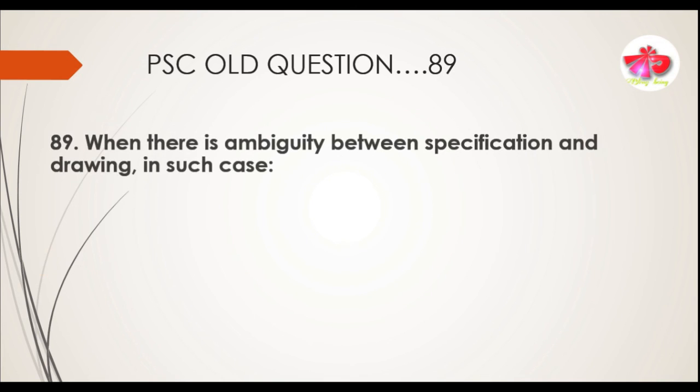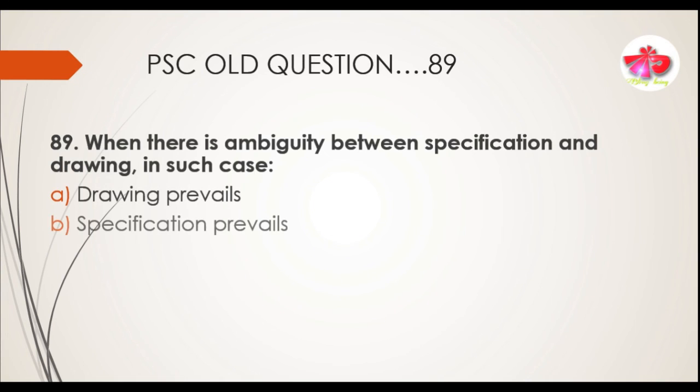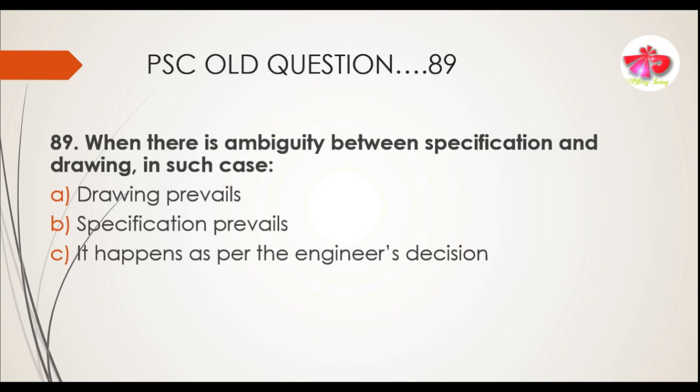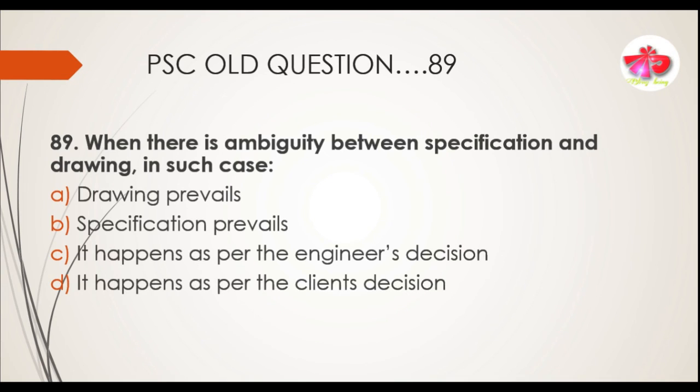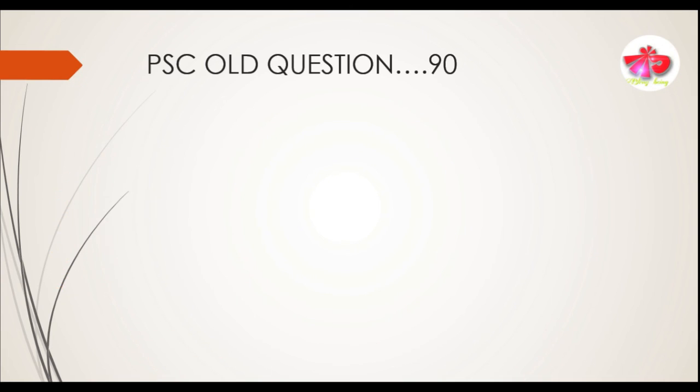Question number 89. When there is ambiguity between specifications and drawing, in such case: option A, drawing prevails; option B, specification prevails; option C, it happens as per the engineer's decision; and option D, it happens as per the client's decision. So friends, when there is an argument or ambiguity between the specifications and drawing, in such case specification prevails, that is option B. Question number 90.